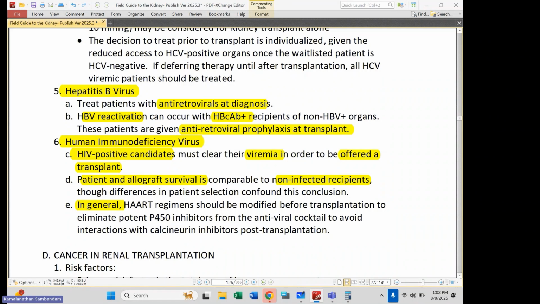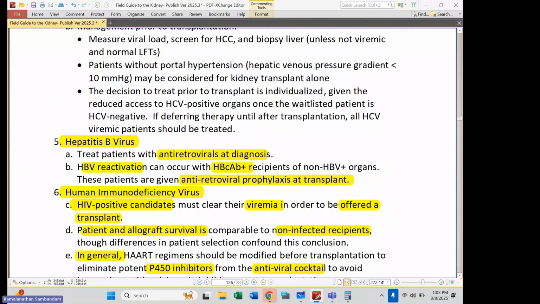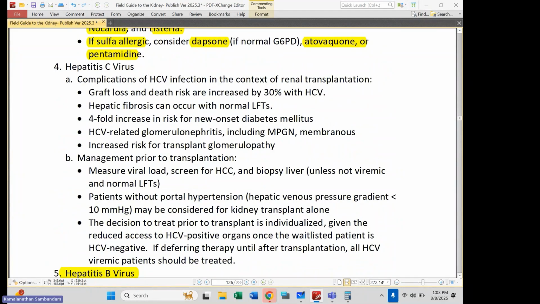And we generally want to take out the P450 inhibitors from their HIV therapies in order to prevent some of the massive interactions with calcineurin inhibitors and mTOR inhibitors that you would expect post-transplantation. So these patients are generally taken off of the protease inhibitors, for instance, in order to make that much more simple post-transplantation.